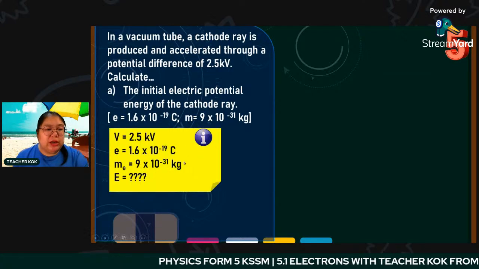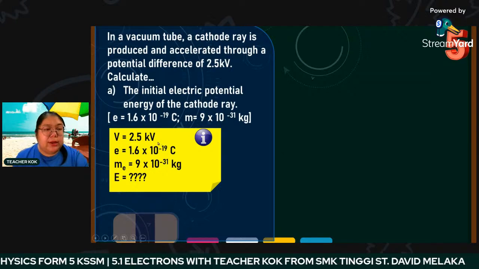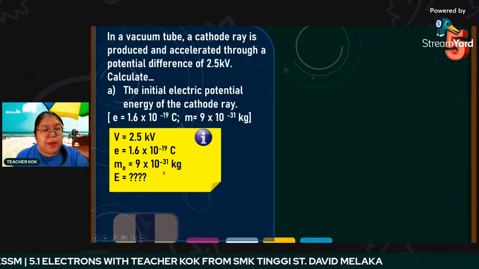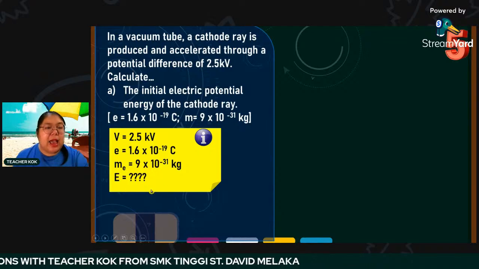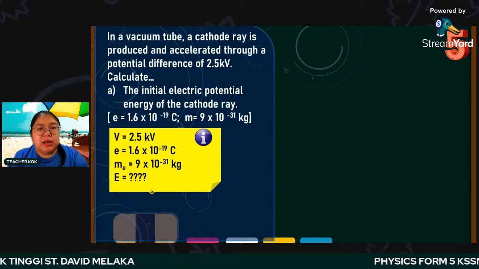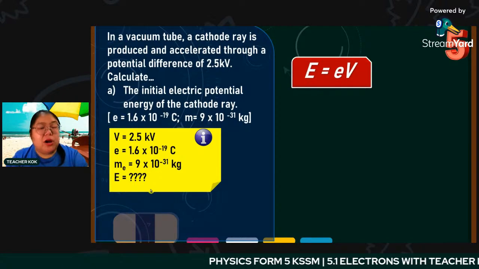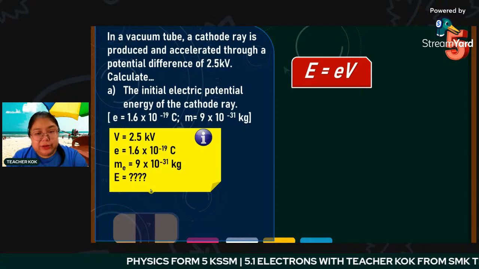So we just show the info. 2.5 kilovolt, then the electron, then the mass of the electron, then energy. They want to find energy. Formula again: E equals electron charge multiplied by potential difference.